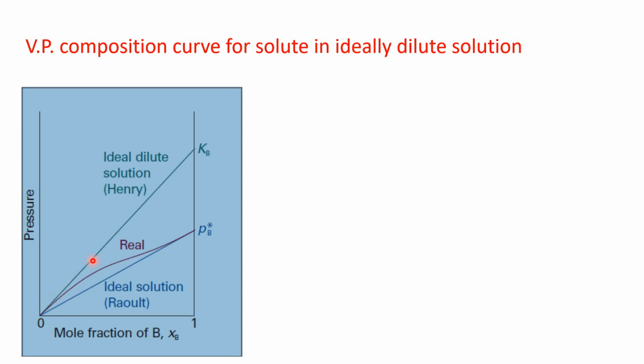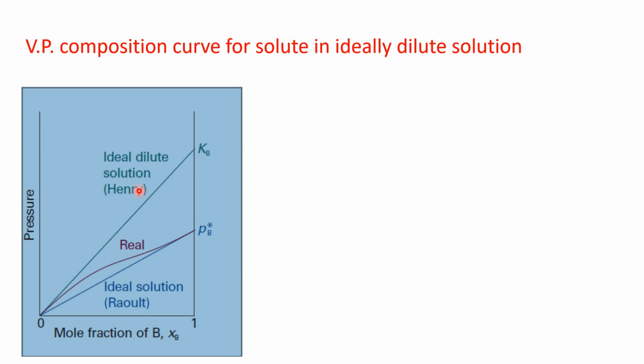But in the case of an ideally dilute solution, the curve of vapor pressure versus mole fraction of the solute will go like this, a straight line, because this is the proof of Henry's law, Henry's equation. So this is the vapor pressure composition curve for the solute of an ideally dilute solution.